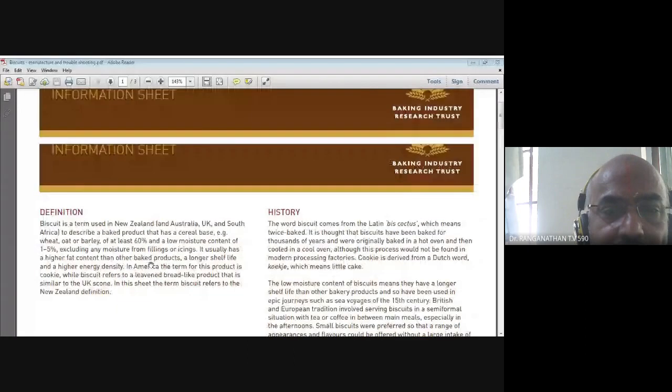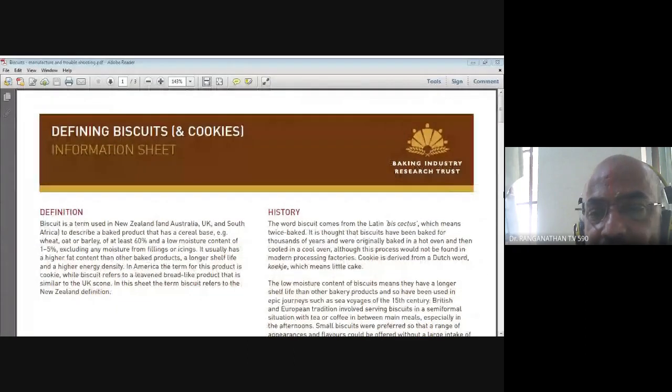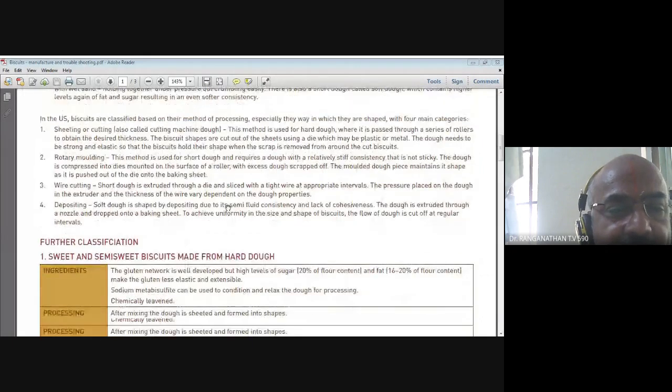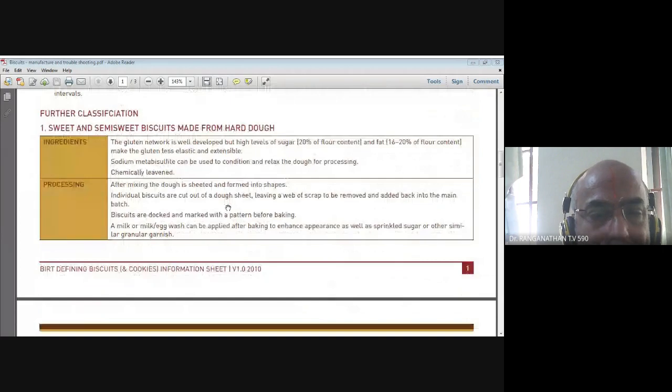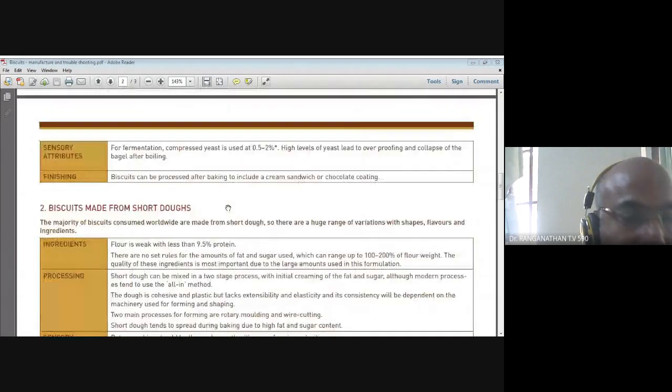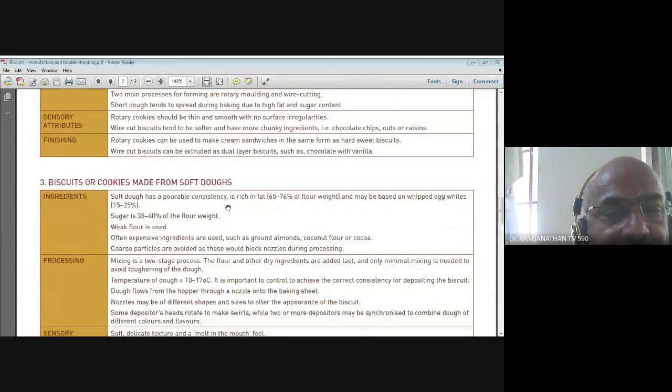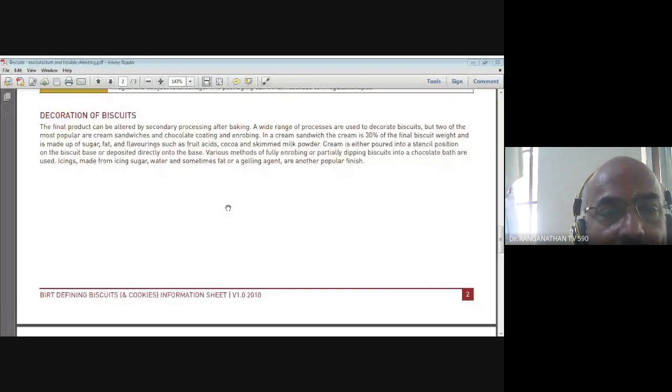This is one more of the categories which is got from the British Institute. So all the same classification already told, semi-sweet, sweet, etc.